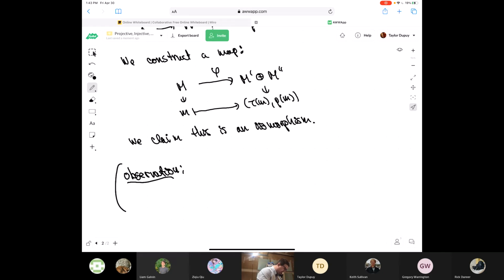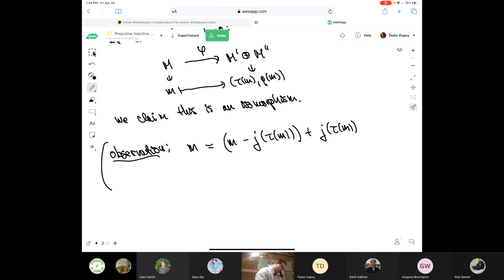A good way to think about it is that M is really M minus J tau of M, plus J tau of M. I added and subtracted the same thing.